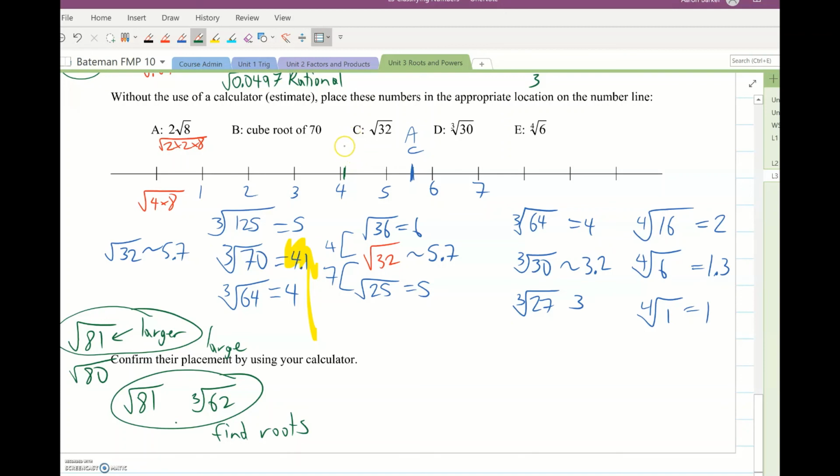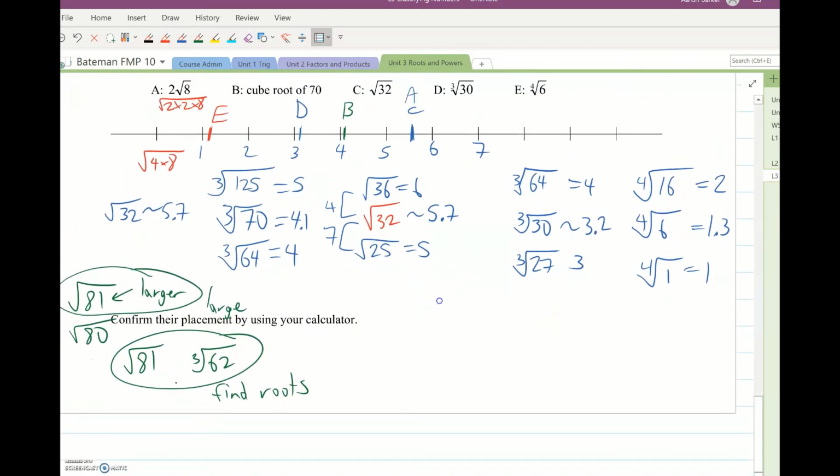So that was B, cube root 70. 3.2, this one right here, that's going to be a little bit more than 3 right there. So that's going to be cube root 30, which is D. And then this last one here is 1.3. So that's going to be a little bit more than 1. And that's going to be E. And have we placed them all? We've placed 5. There are 5.